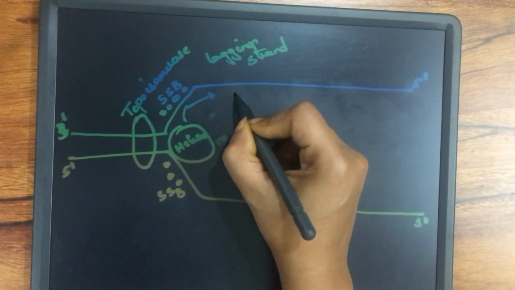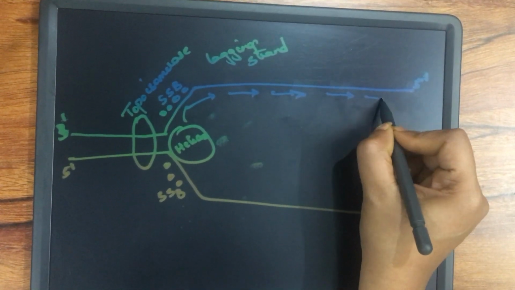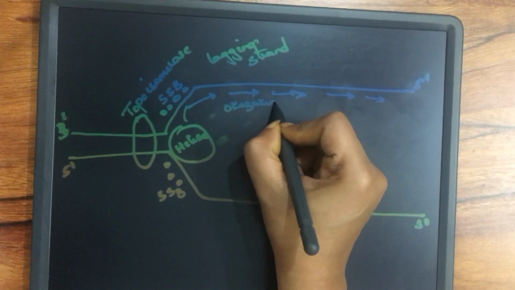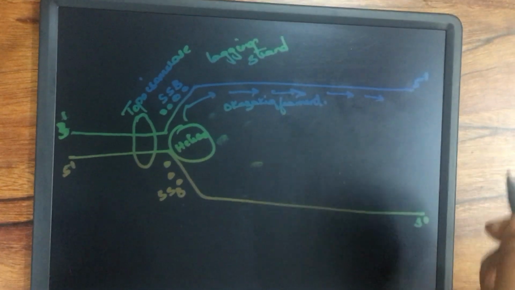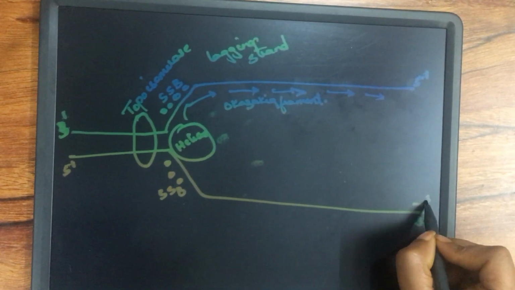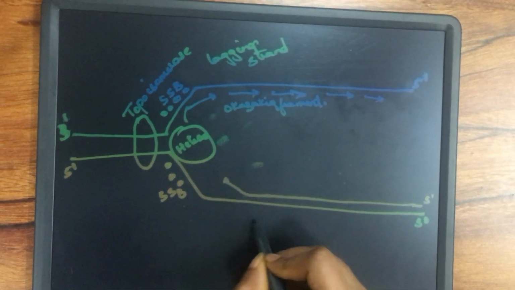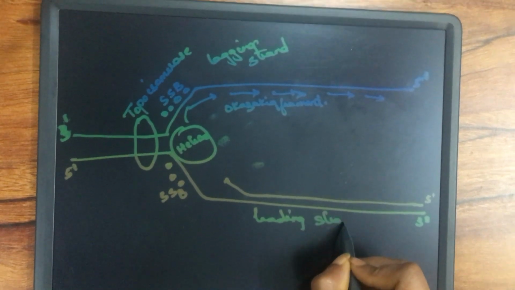So here our Okazaki fragments are made, and from 5' to 3' is the leading strand.